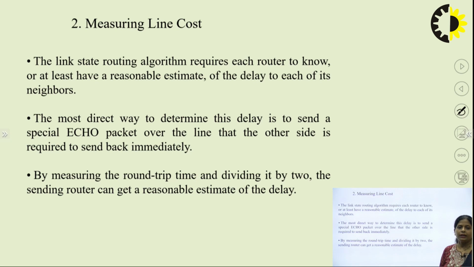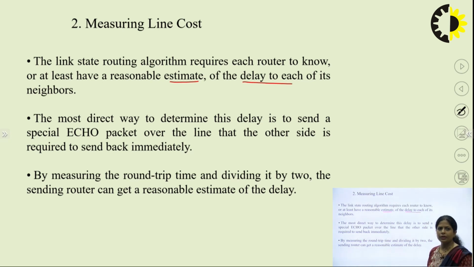Second step, it has to measure the line cost. In the first step, it sent a hello packet to each and every participating router. Now it is sending an echo packet to each and every participating router. The link state routing algorithm requires each router to know or at least have a reasonable estimate of the delay to each of its neighbors.